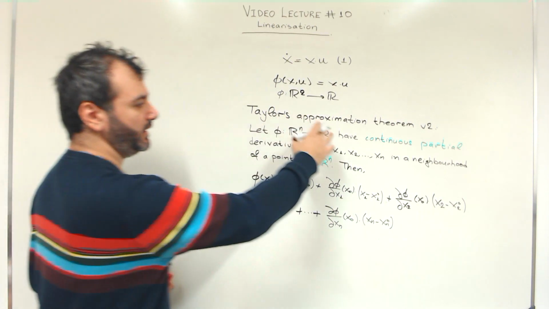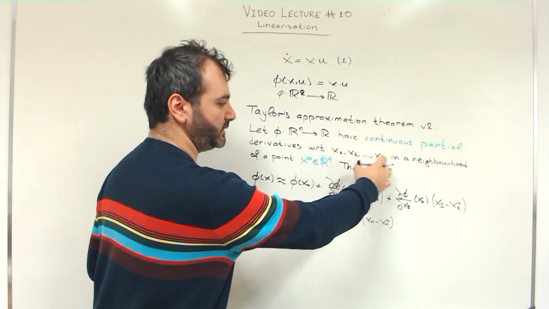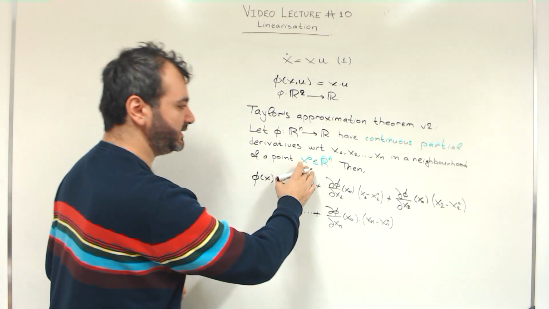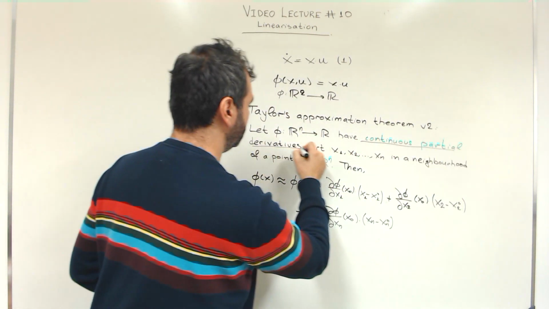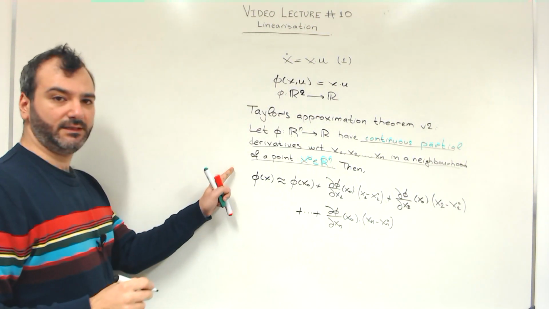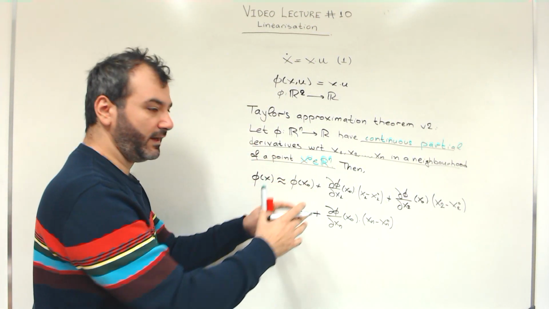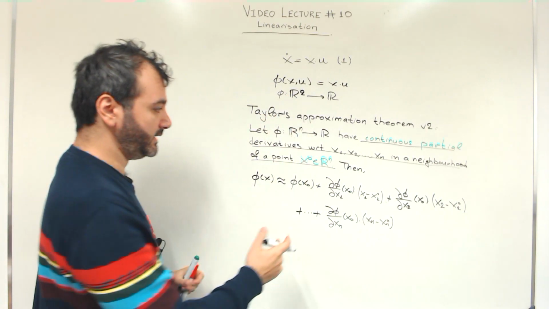So if this function has continuous partial derivatives with respect to x1, x2, xn in the neighborhood of x0, this whole sentence here means that our function phi is sufficiently smooth at x0 and close to x0.